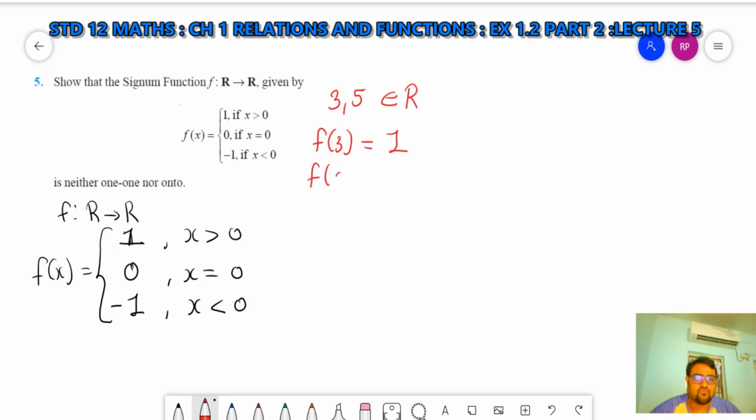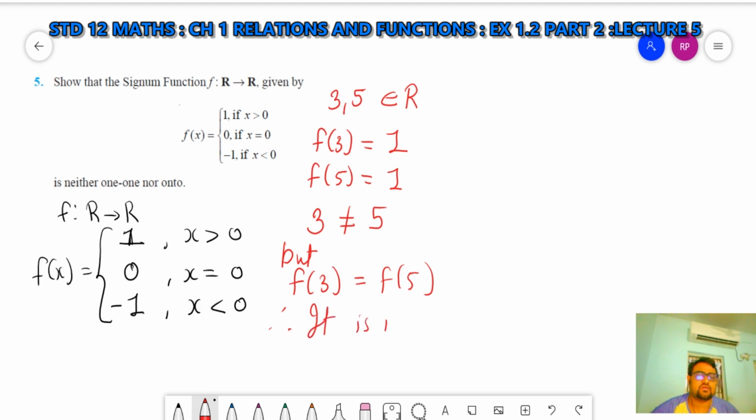What is f of 5? Greater than 0, so it's 1. See, 3 is not equal to 5, but f of 3 equal to f of 5. Therefore, it is not one-one function.